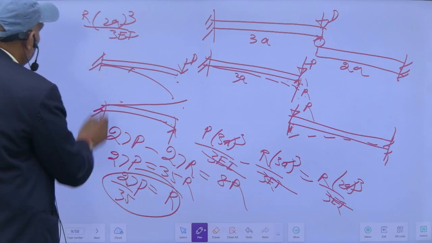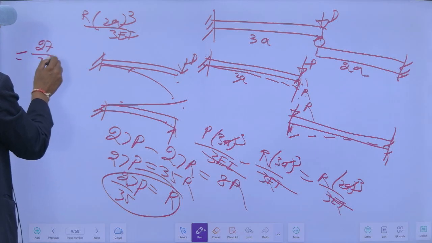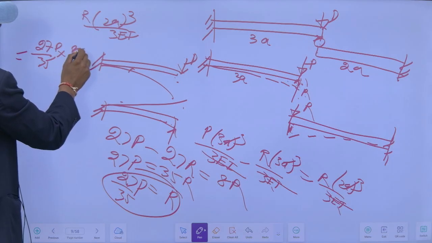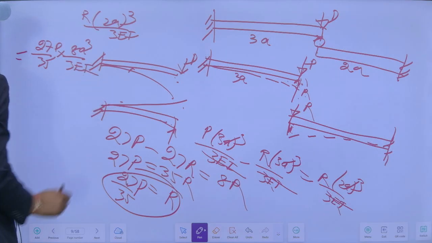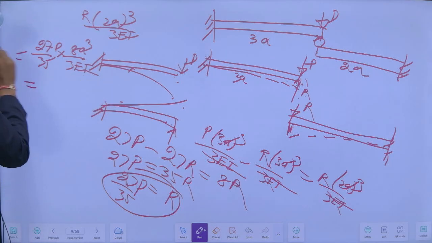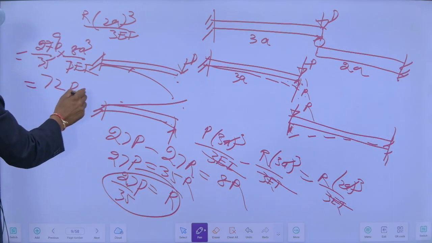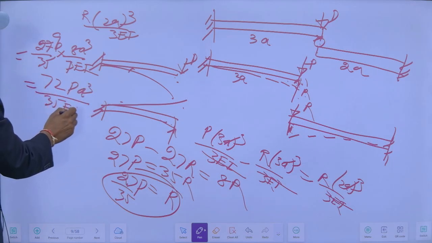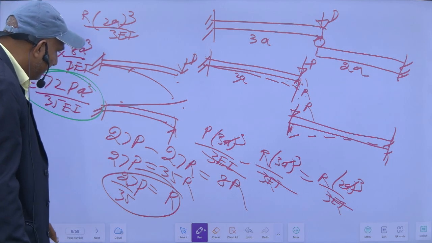This R is equal to 27 upon 35 P, and this will be 8 cube upon 3I. So this will become 72P A cube upon 35 EI.